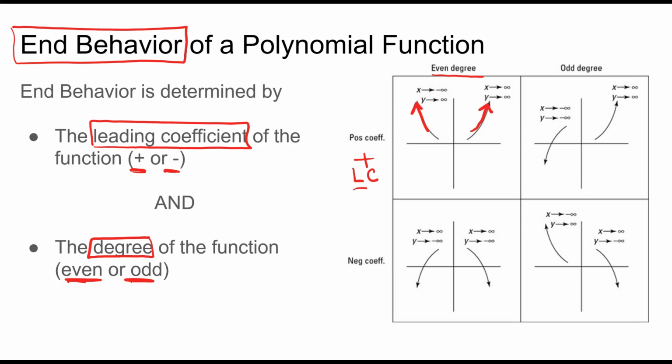If you have a positive leading coefficient, but you've got an odd degree, it's going to look something like this. And if you've got a negative leading coefficient, but an even degree, it's going to be pointing both down, an odd degree pointing this way and that way. You can remember that odd degrees point in opposite directions.